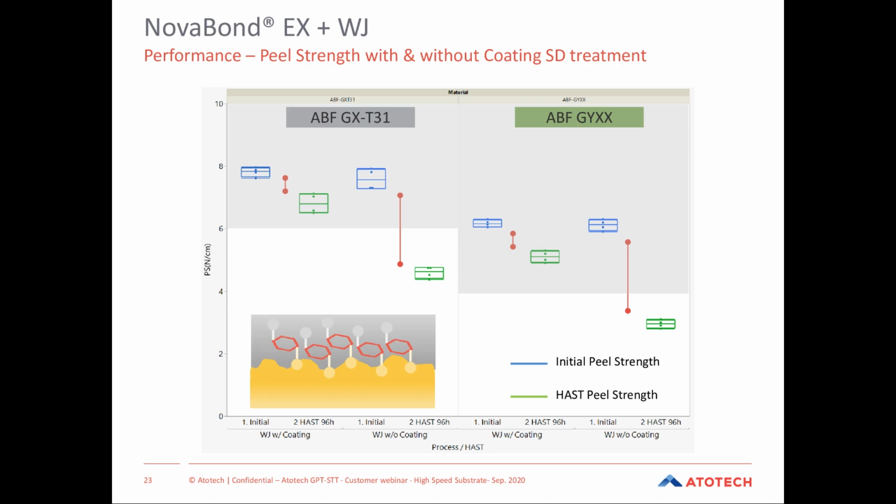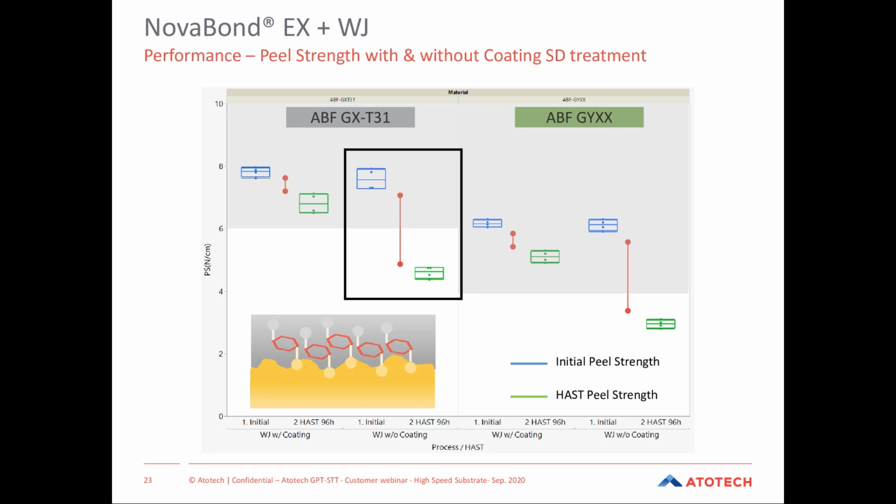As you can see here, we try to demonstrate the same, with one material currently used and one for future applications. When you look without the coating, you could see the drop of adhesion, again almost about 50%. Initially it's almost the same level between WJ with silane coating or without silane coating. But after the HAST, you could see a significant drop when we don't put the adhesion coating on top.